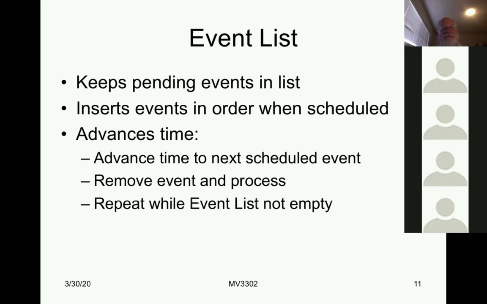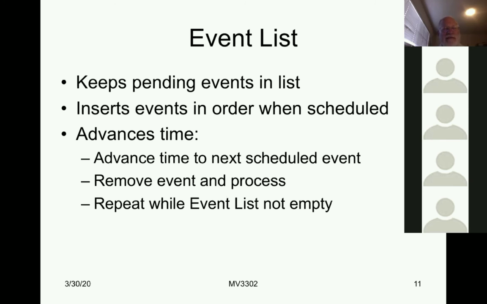In other words, if you think of events as objects, which in the implementation they will be, they are sorted in order of their scheduled time. So the event list is basically just a sorted set that keeps the events ordered in the order in which they are scheduled to occur.